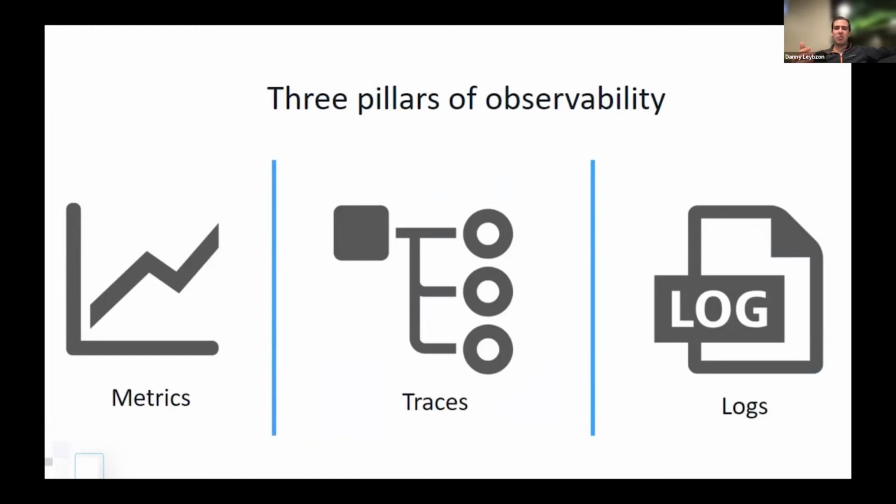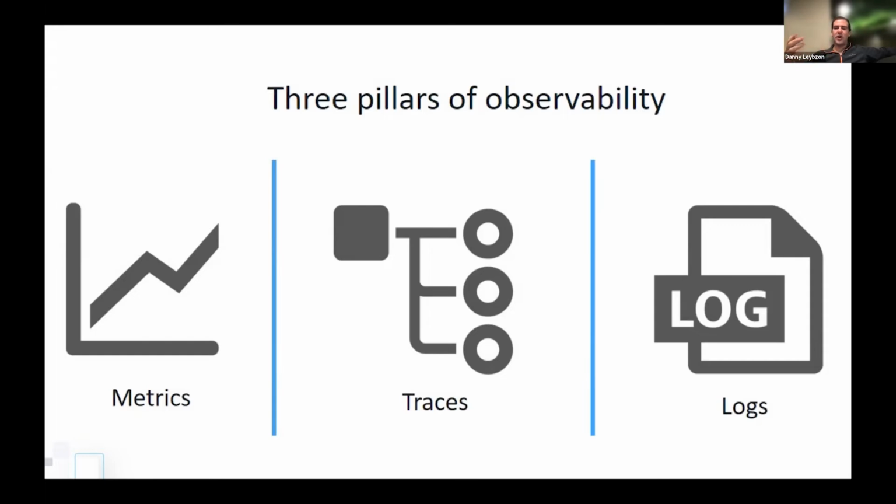Traces are really important for microservice-based architecture. So, if you're using Kubeflow or Kubernetes, traces allow you to understand how data or how calls are being passed between different microservices in order to understand how a system has gotten to its endpoint.